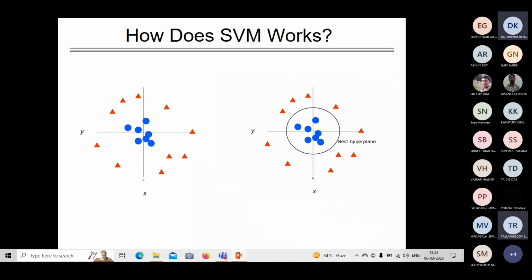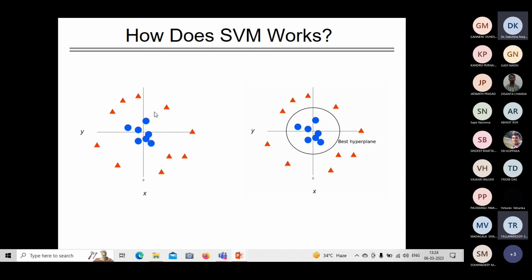Now, if the patterns are not linearly separable, then what do we do? We also get a hyperplane, but that hyperplane is not linear. It will be a non-linear hyperplane. For example, here the blue circles are concentrated near the origin, and the red triangles from the other class are surrounding these blue circles.